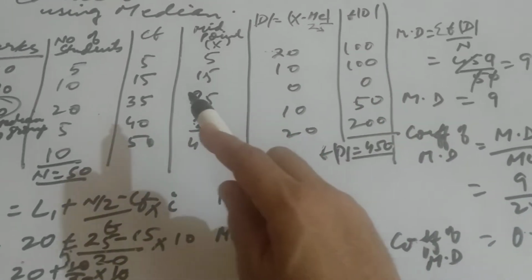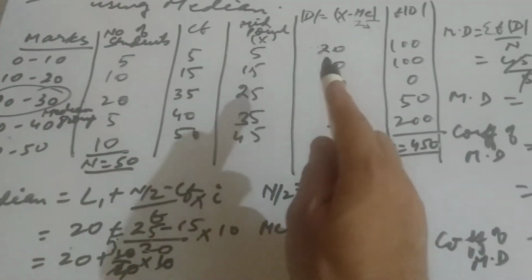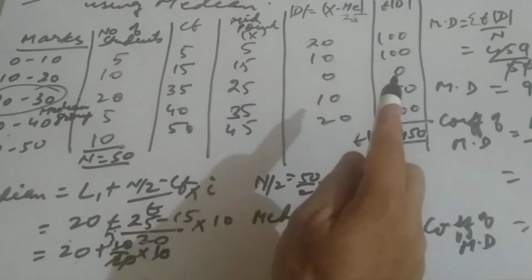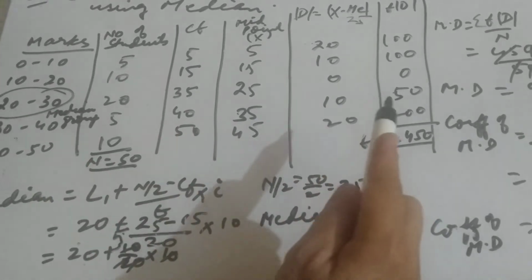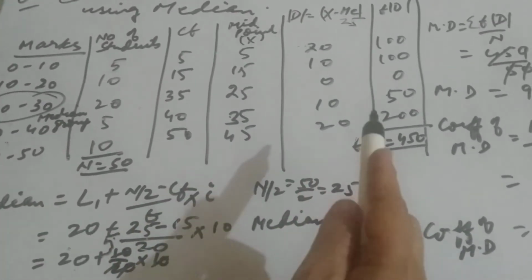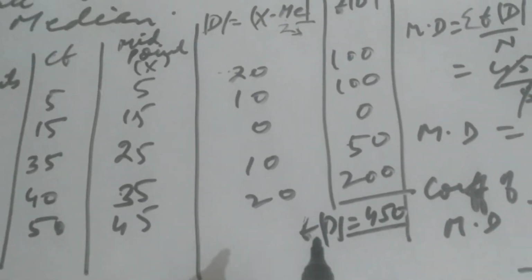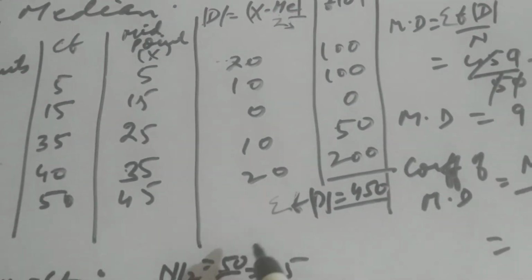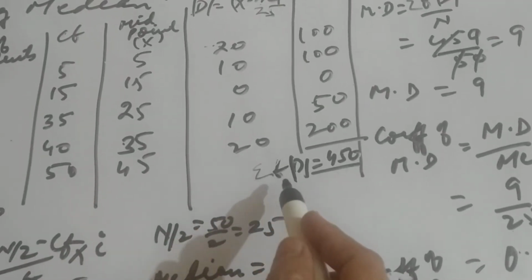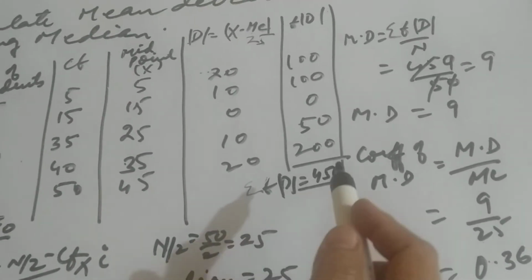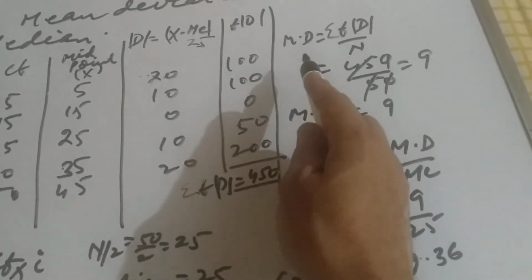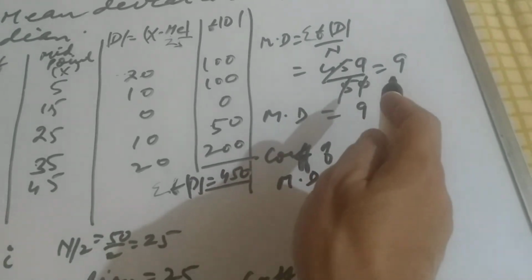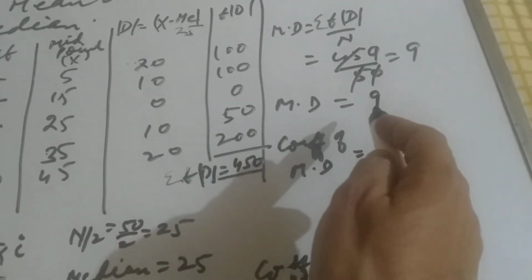So 5 into 20 is 100, 10 into 10 is 100, 20 into 0 is 0, 5 into 10 is 50, 10 into 20 is 200, and the total, sigma f into modulus d, comes out to be 450. Divide this by n: 450 divided by 50 gives 9. So mean deviation comes out to be 9.